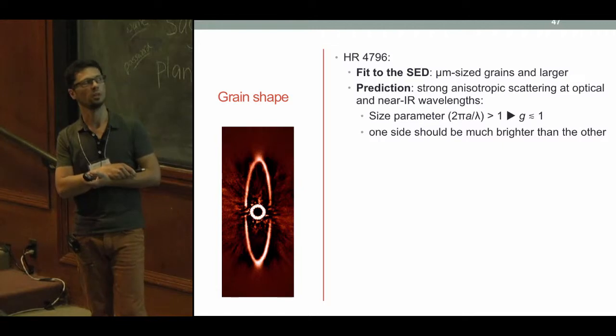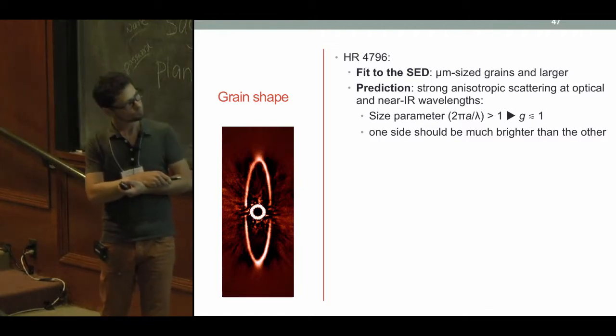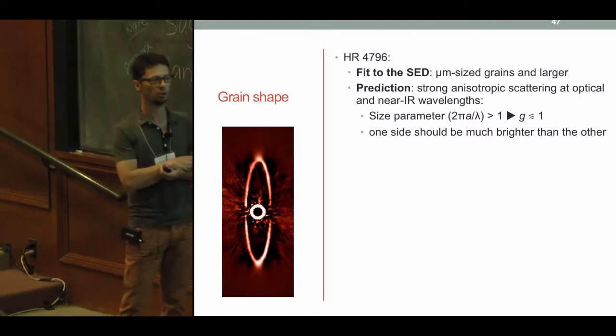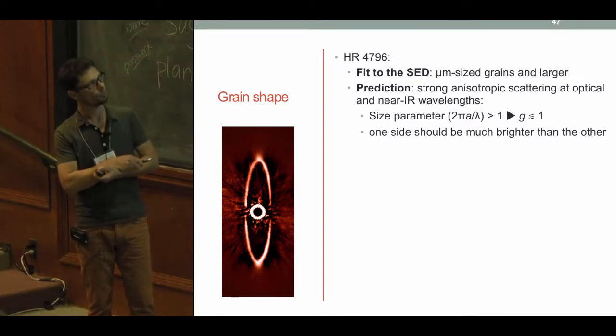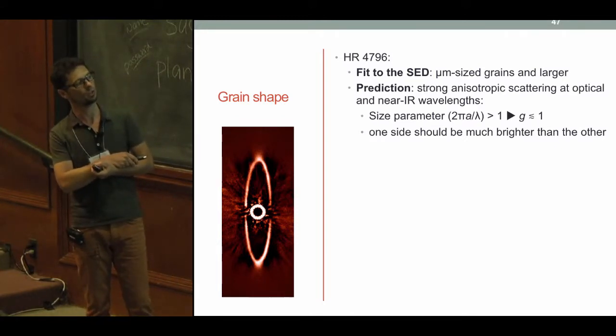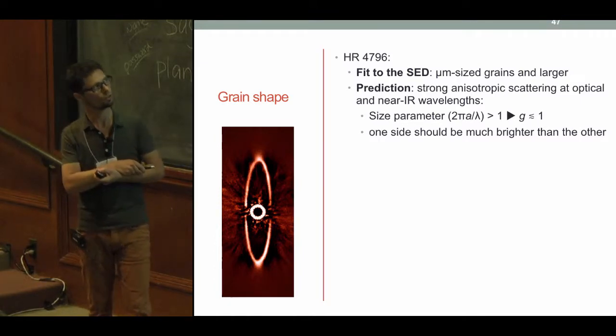So you do expect a strong asymmetry in your scattered light image if your scattered light was dominated by micron-sized dust grains.